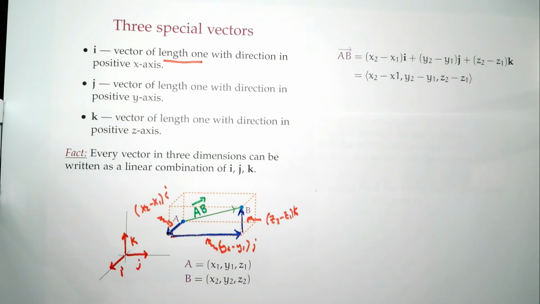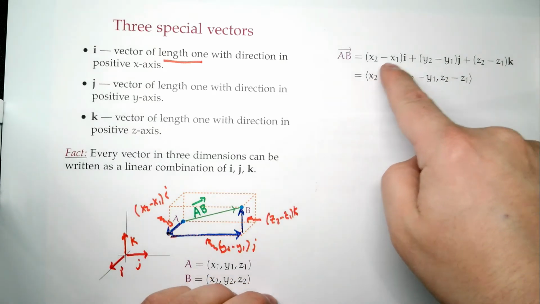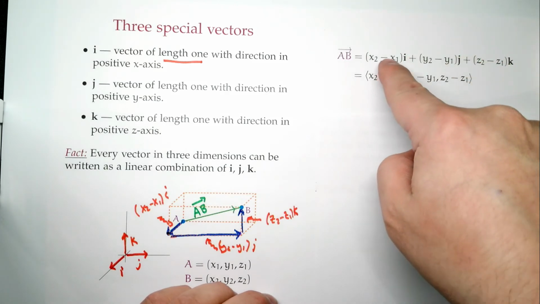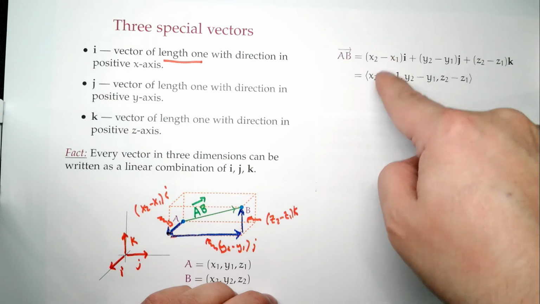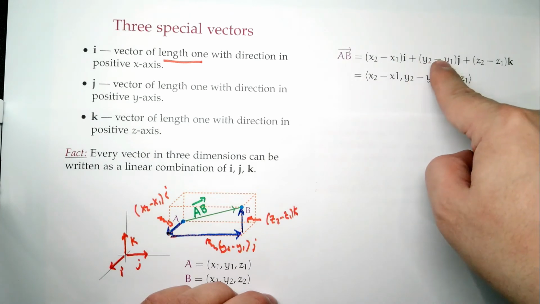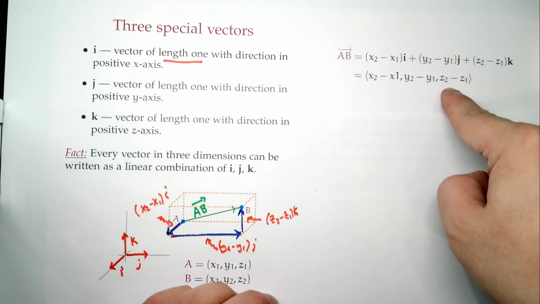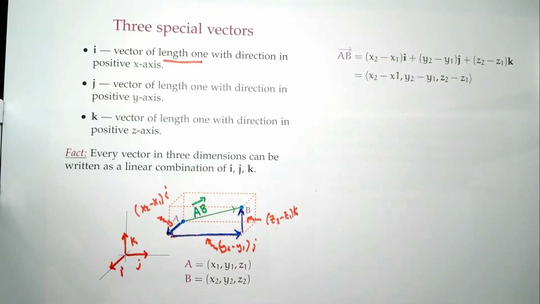All right. So now what we do is we say, look, we're going to just treat these numbers in front of i, j, and k as numbers. So I'm just going to grab what's in front of i and put it in my first slot, what's in front of j goes in my second slot, and what's in front of k goes in my third slot. And we're going to call this my vector.